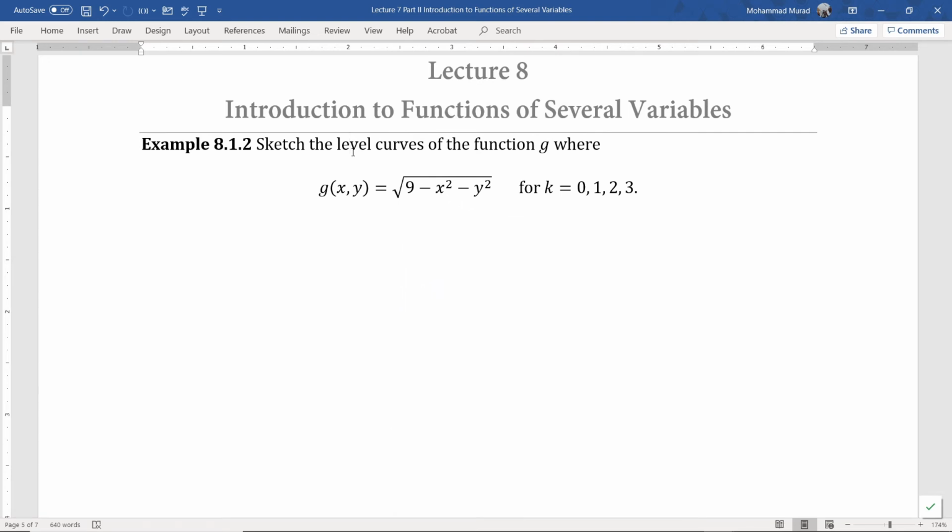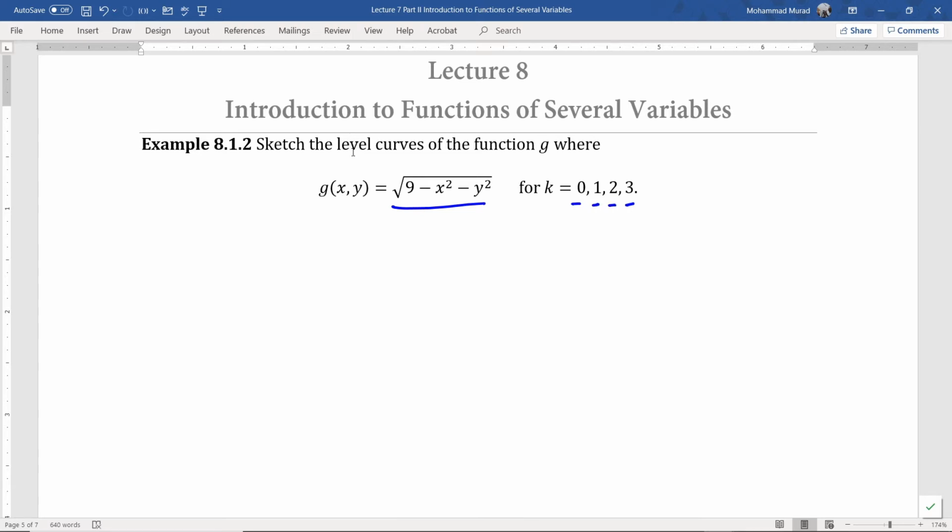Example: sketch the level curves of the function g where g of x, y is defined to be equal to the square root of the quantity 9 minus x squared minus y squared for k equals 0, 1, 2, 3.